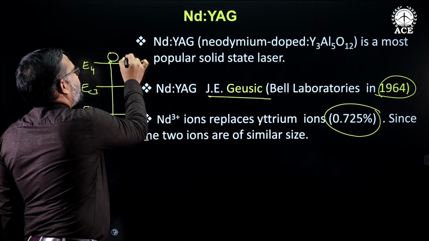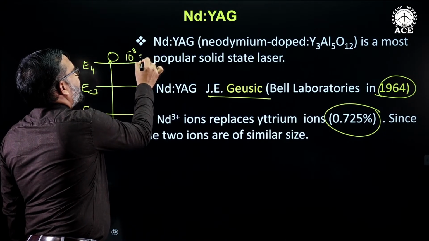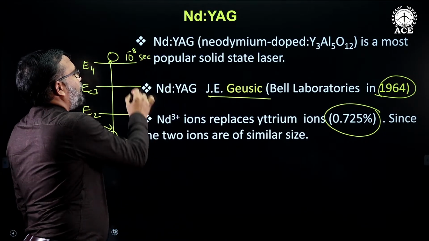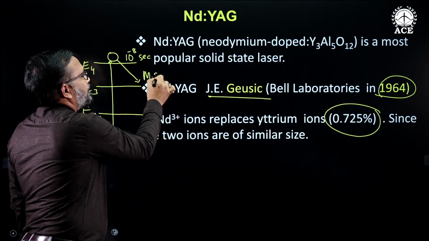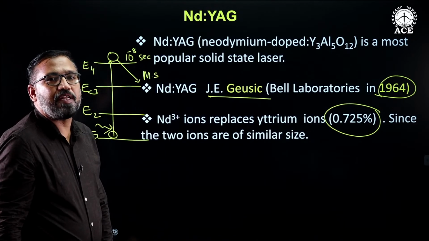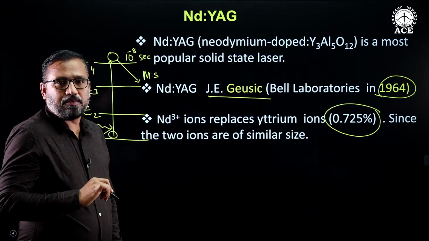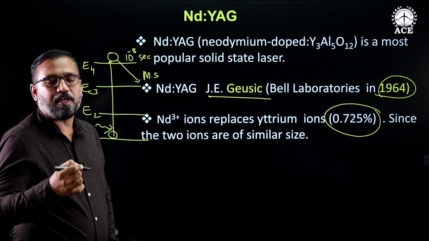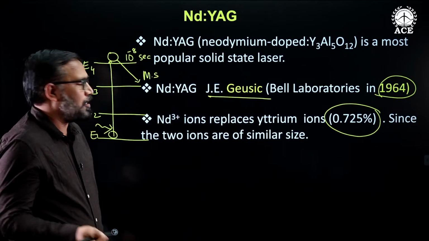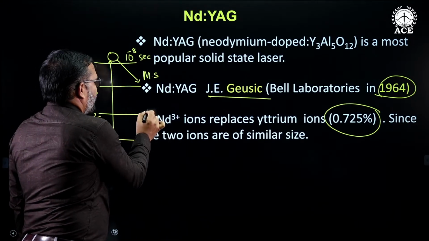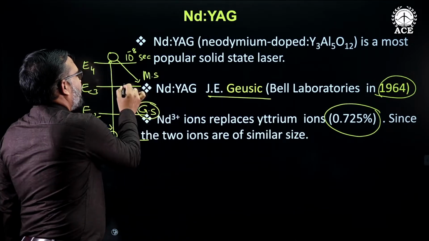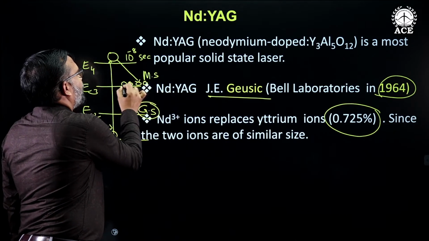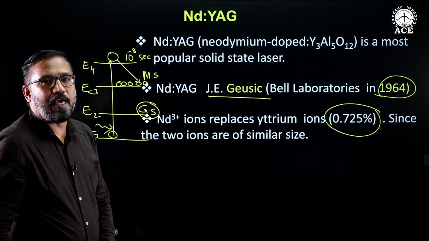The lifetime is very short, 10 to the power of minus 8 seconds. So we have to allow the atoms into the second level, called the metastable state, where they can stay for some time in order to achieve population inversion. This state is considered the ground state. Here we maintain more atoms for a longer time.